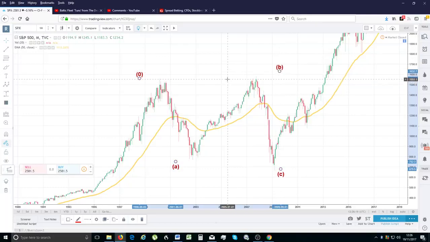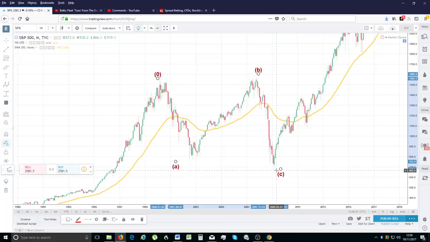We're talking minuscule here, but strictly speaking, it's pretty much a regular flat, to be honest, but strictly speaking, it's an expanded flat. So it just about breaks this high, traps all the bulls, and then it goes down in a C wave, and ends up just below the bottom here, and that was the bottom there.